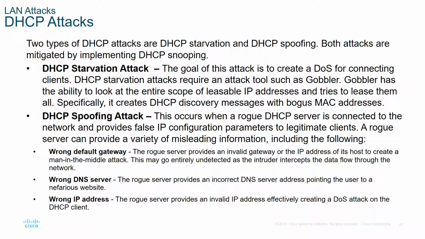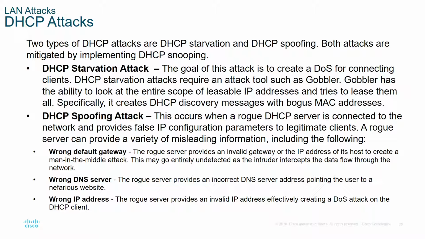DHCP spoofing attack. This occurs when a rogue DHCP server is connected to the network and provides false IP configuration parameters to legitimate clients. A rogue server can provide a variety of misleading information, including the following. Wrong default gateway. The rogue server provides an invalid gateway or the IP address of its host to create a man-in-the-middle attack.